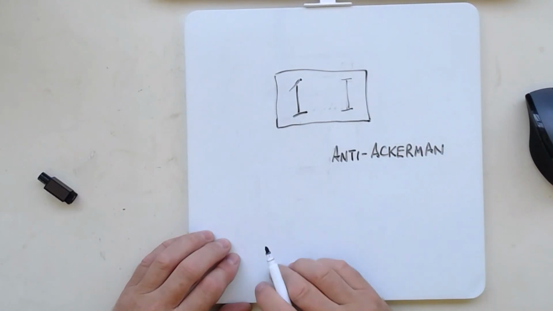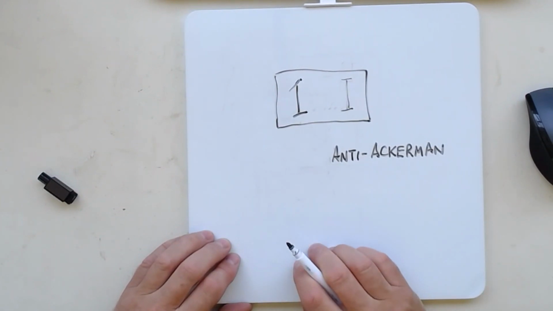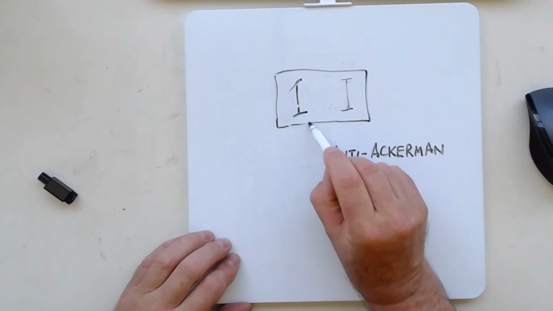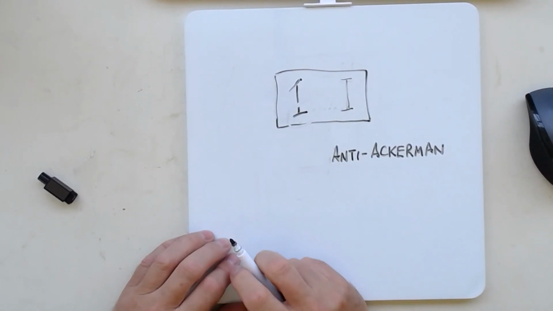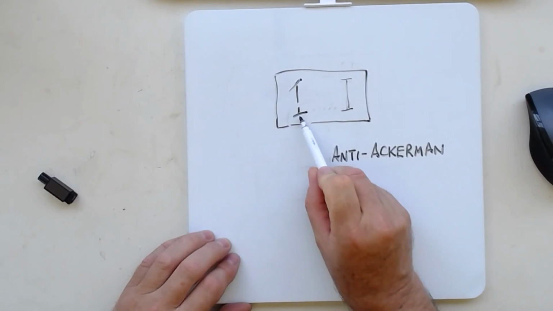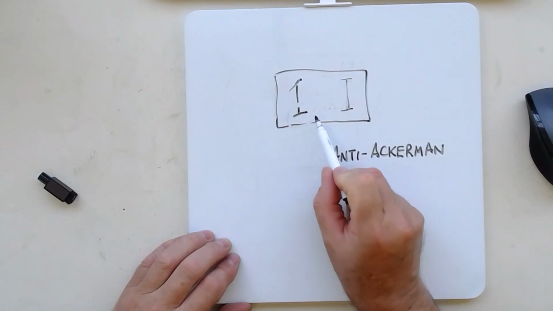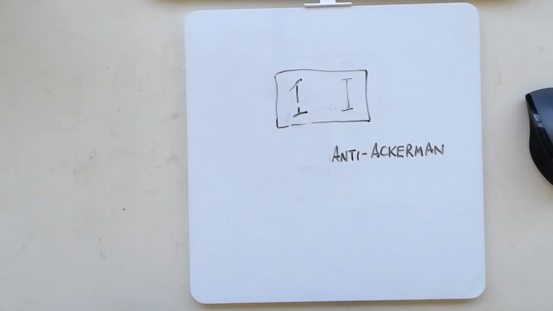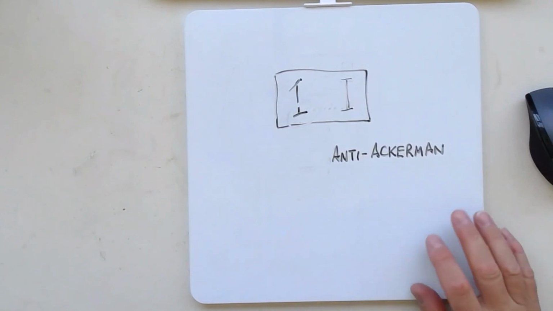The opposite of Ackerman and therefore called anti-Ackerman. That's really only appropriate where the inside tyre is all but useless. So a high performance car cornering hard with no weight on that tyre. So if you're in that situation, anti-Ackerman is appropriate, but I would suggest to you that normal off-highway vehicles are just Ackerman.